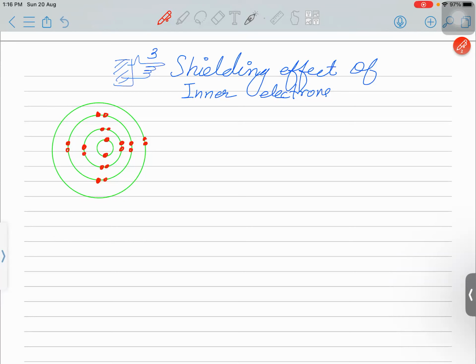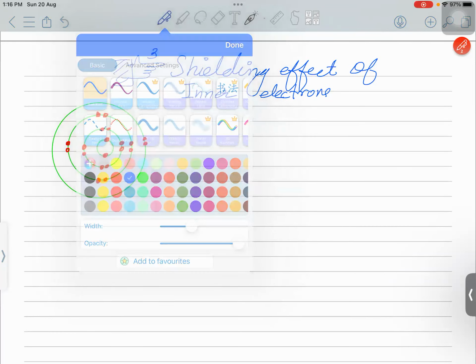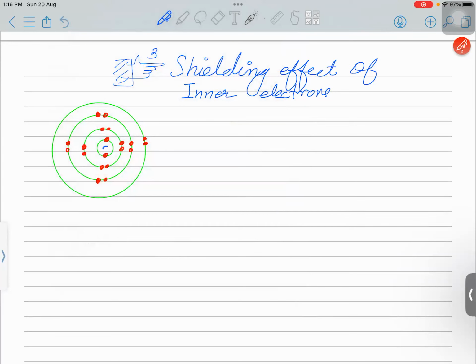There is no charge, so the number of electrons is equal to the number of protons. You can easily identify the element. 2, 10, 18, and then 20. So it is 20, that would be calcium. Exactly.